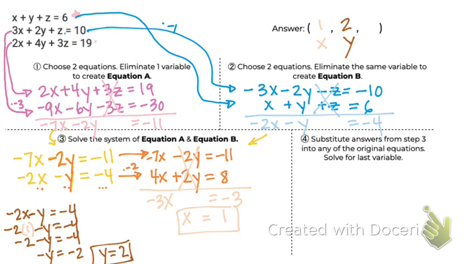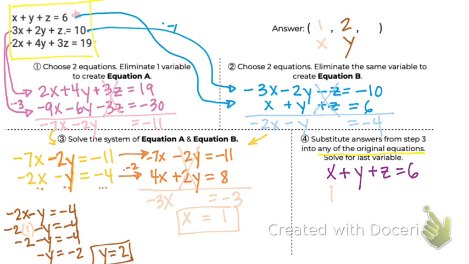Now that we know what x and y is, we can figure out pretty easy what z is. We need to go back to our original equations that have an x and a y and a z and pick any of those, if one looks easier than the other. The first one looks a lot easier than the others because the coefficient is just 1. So I'm going to write that down, but instead of x, I'm going to put 1.